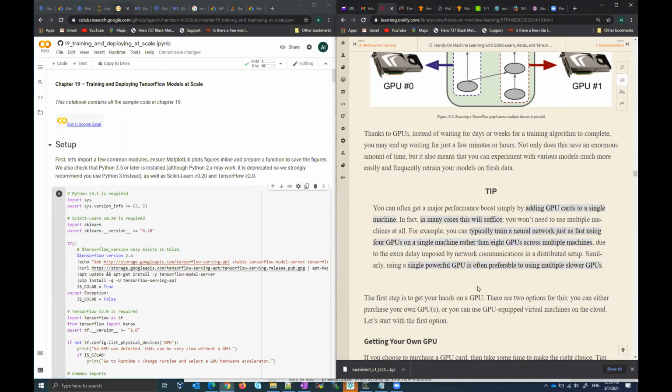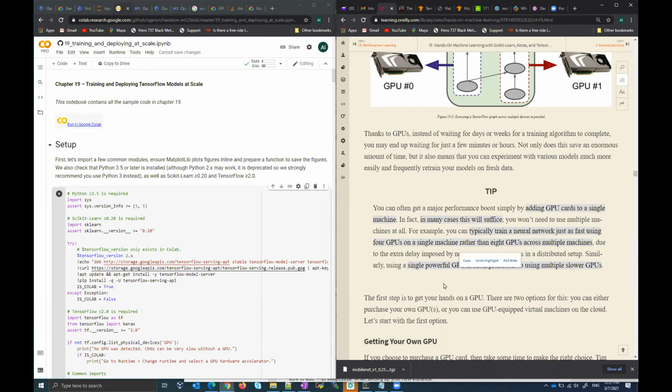So if you can pack your GPUs in a single machine or server, it will be faster than having several machines, even if they have more CPUs. Right? That's because of the network transfer speeds.